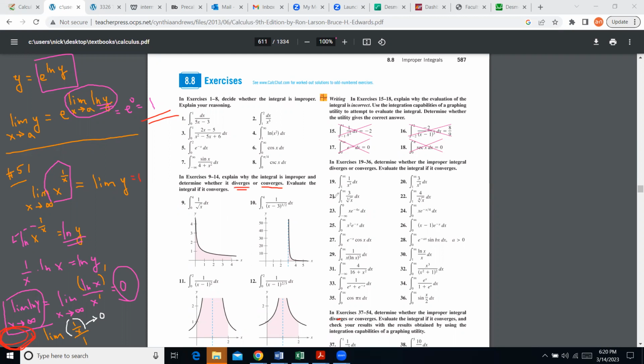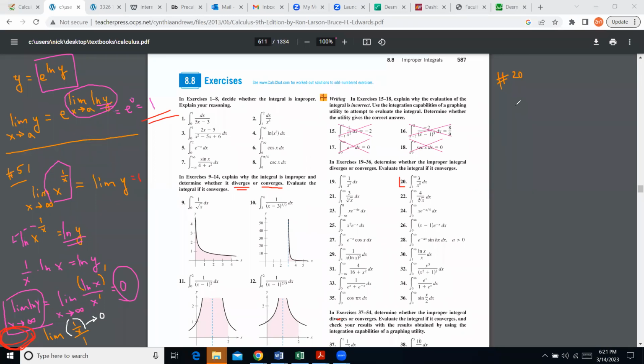So let us try to do this with an exercise like number 20. It says integrate from 1 to infinity. Let me write it out so we could do the whole thing carefully.